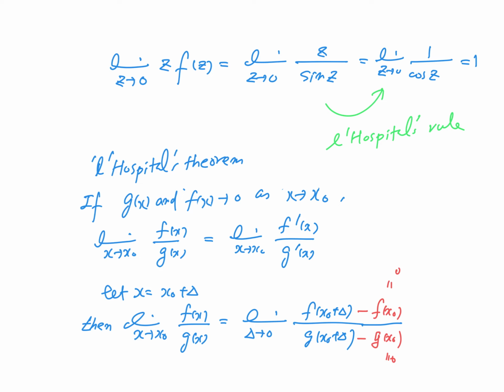And it's about time to divide by delta and multiply by delta. It's the same, right? However, when delta goes to 0, this part becomes the derivative.